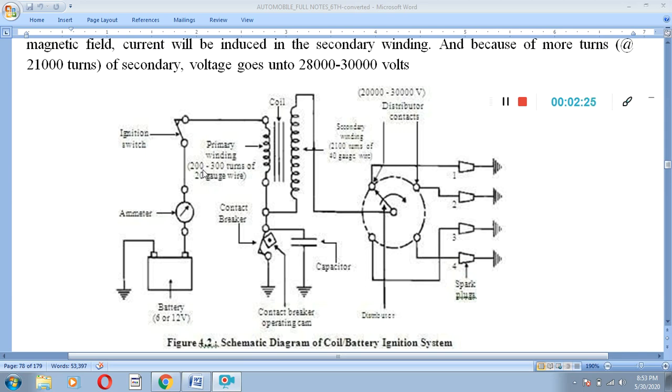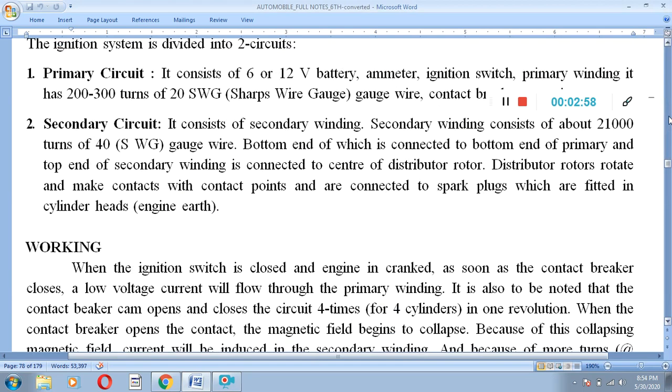In the primary winding, 200 to 300 turns of 20 gauge wire are required here, and the distributor contacts carry 20 to 30,000 volts. And now the spark plugs. Four spark plugs are provided here, that is 1, 2, 3, 4 spark plugs, and a distributor. So this is the schematic diagram of the coil or battery ignition system.